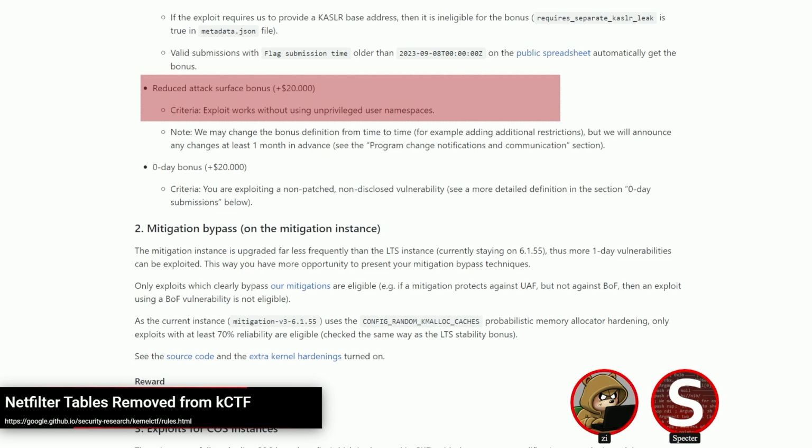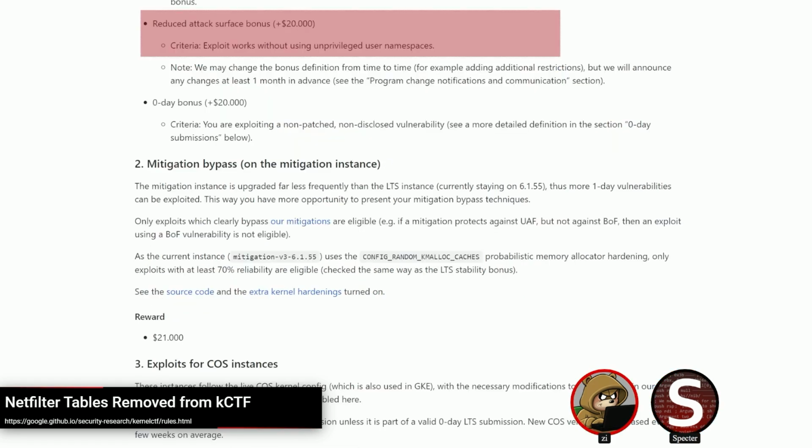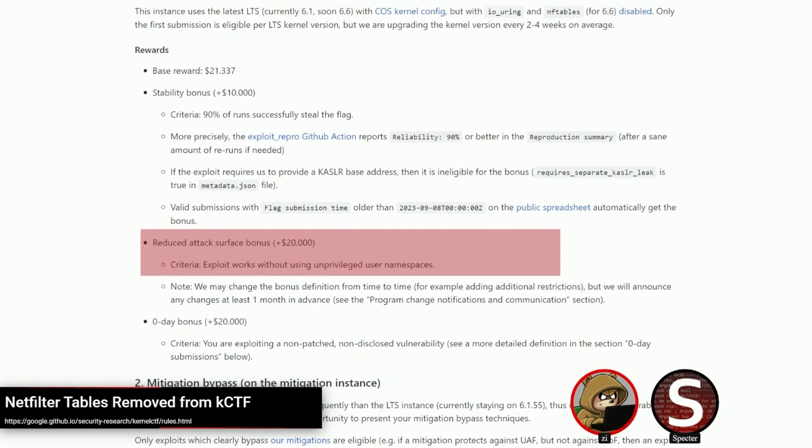Yeah, although that might result in not getting killed too. Writing an exploit that doesn't take advantage of unprivileged namespaces is a $20,000 bonus. Yeah, they mention that in their post and in their rules listing. I've got the rules up right now and was just taking a look at that.